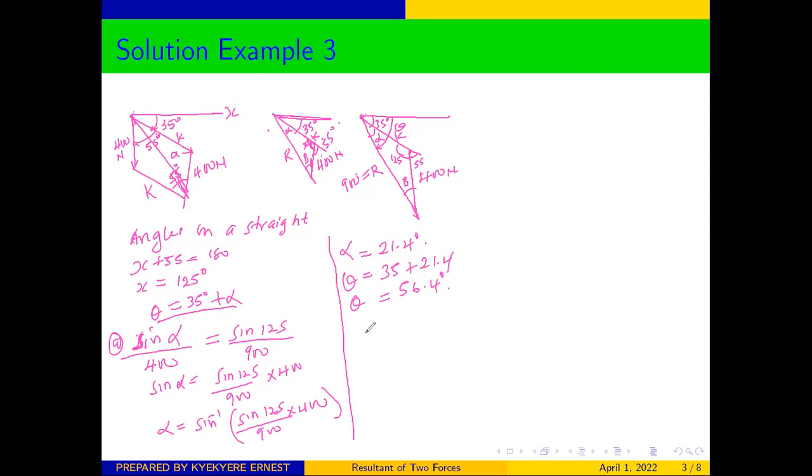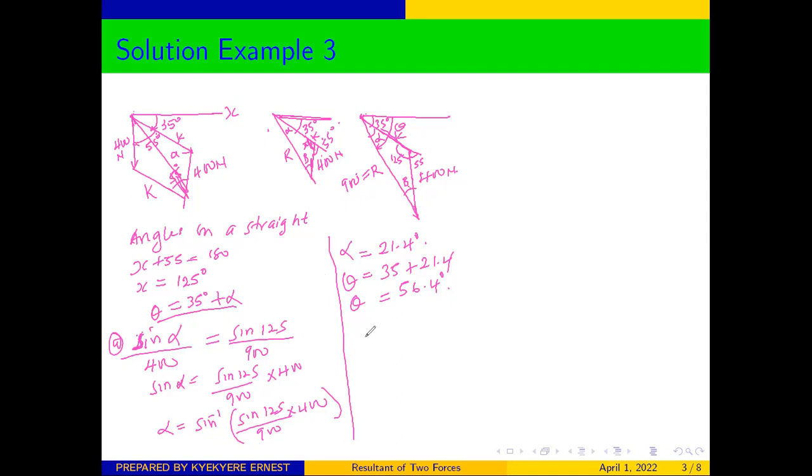Having been able to do that, for this part of the question, we were asked to find the magnitude of the force K. We know that K is this side of the diagram, which we don't know. So we can as well use the sine rule. But before we use the sine rule, don't forget that it's this side over the opposite angle, and we do not know this angle. So first of all, we need to calculate this angle.